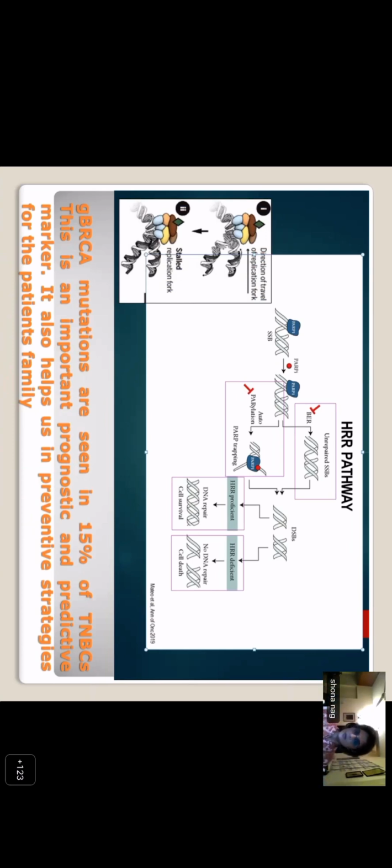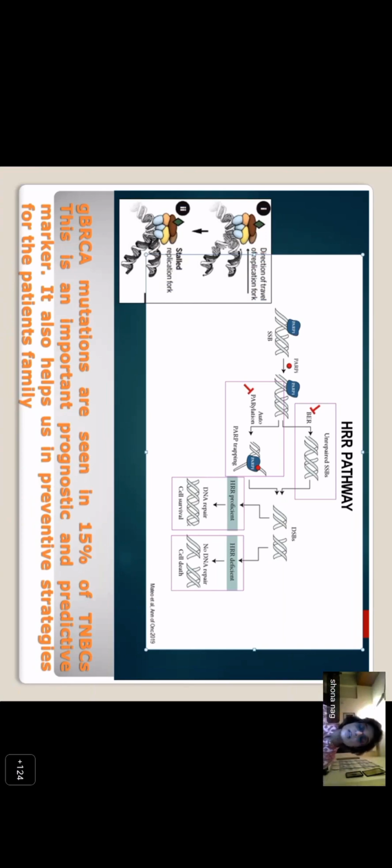And we have BRCA, which is very good and is the only error-free repair that occurs by homologous recombination repair. So what happens when a cell is damaged? Cells undergo mutation, they keep getting single strand breaks, as you can see in the cartoon here. So when you have a single strand break, the PARP enzyme rushes in and repairs that break.